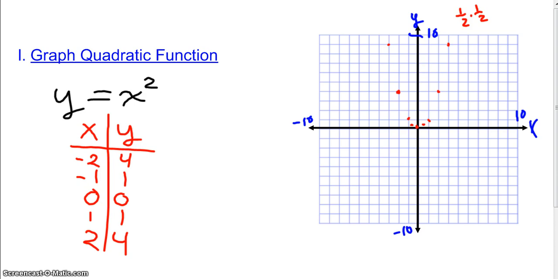We draw the curve, and the curve is a U-shaped curve. And there you go. Beautiful U-shaped curve. Okay, and who knows the name of this? I think it was written on the previous page.